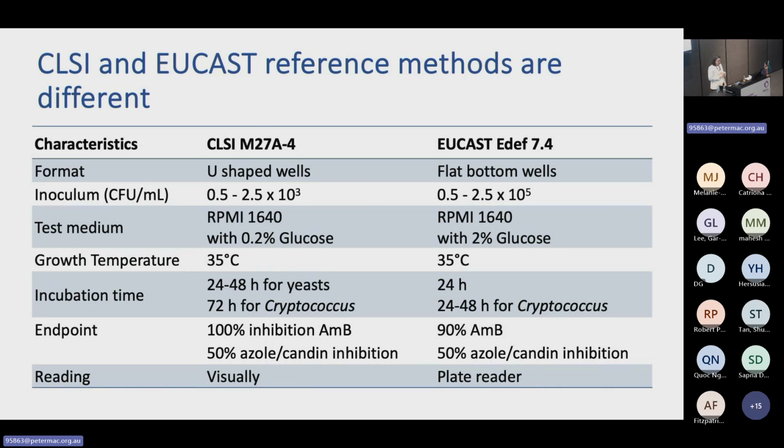The inoculum is 100 times heavier for UCAST than it is for CLSI, and the broth contains 10 times more glucose for UCAST than CLSI. So those are very major differences. The incubation times can vary, particularly for yeasts, including Cryptococcus. And there are some small differences in the endpoint definitions for amphotericin B.